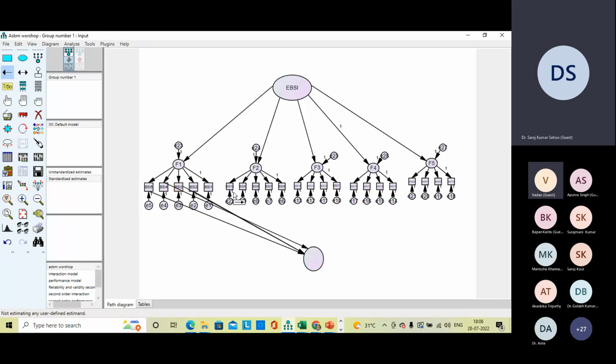This is a very good test, and it is giving a more accurate and confirmatory result regarding CMB. Relate every indicator to a single factor or single construct. Instead of five constructs, you relate everything to a single construct. It will take some time.